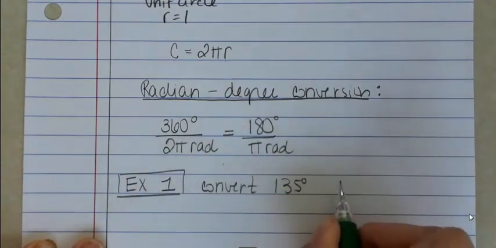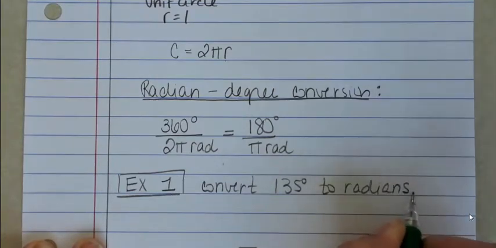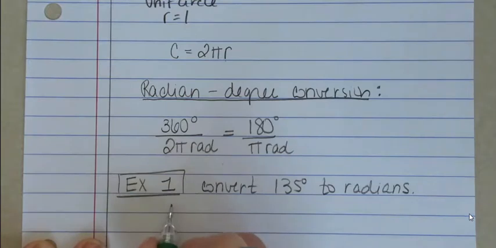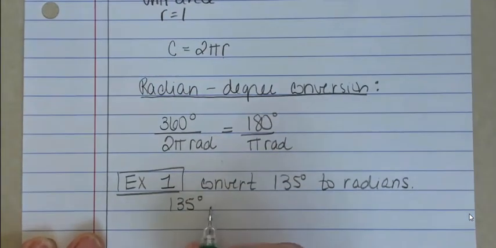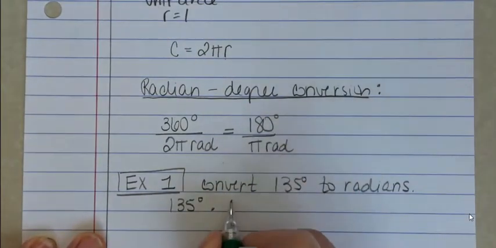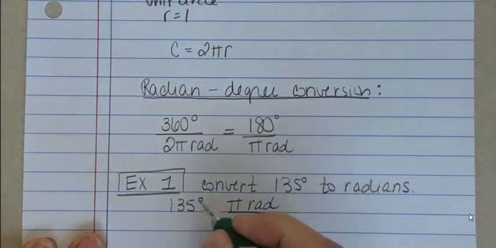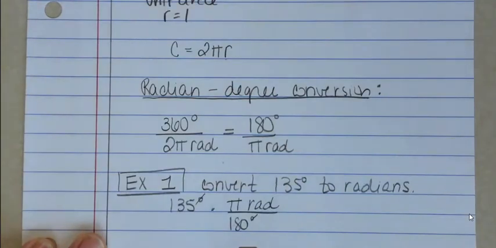Okay, so example 1 is to convert 135 degrees to radians. So I've been given 135 degrees. Now I want to get rid of degrees. So that means I actually need to multiply by the reciprocal of this, right? Start with pi radians over 180 degrees. So now the degrees reduce out.